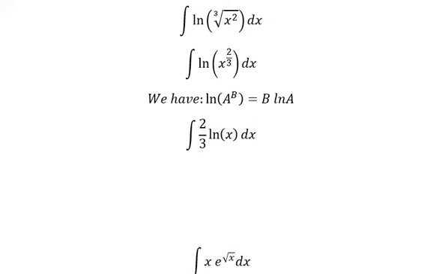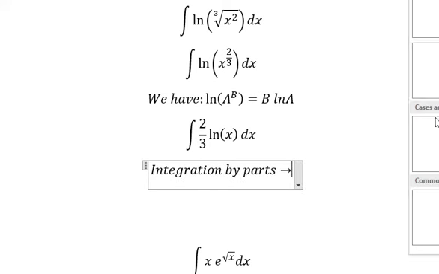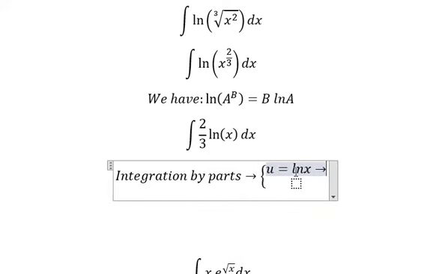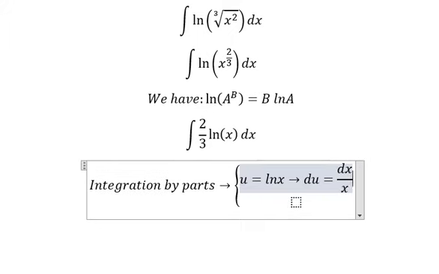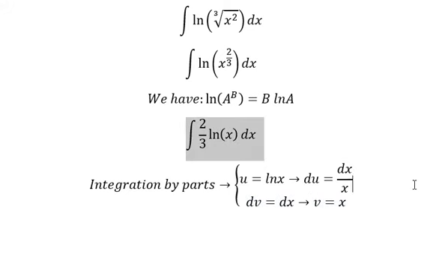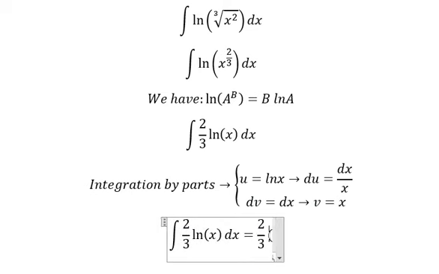Next, we need to use integration by parts. So I will put u equals ln s. So we do first the derivative for both sides. dv is the s in here, so v equals s. Because we still have 2 over 3, we keep 2 over 3.